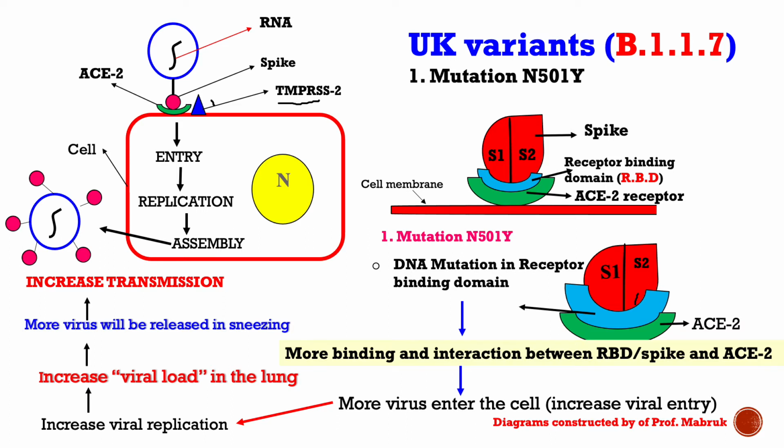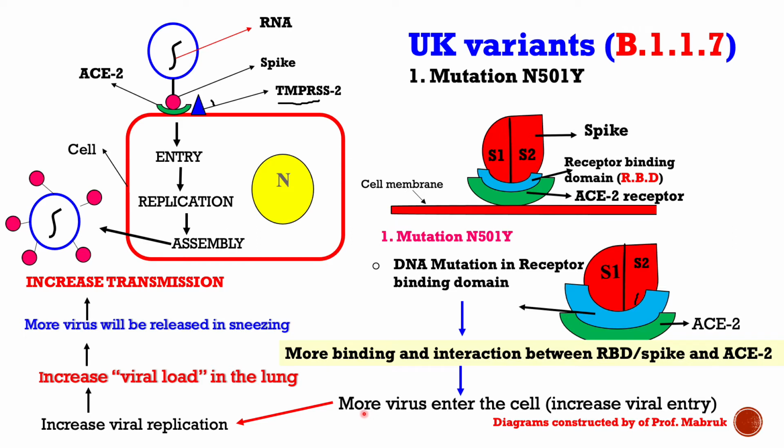Now, because there is more binding and interaction between the RBD of the spike protein and the ACE2 receptor, more coronavirus COVID-19 will enter into the human cell. So we have an increase of the virus entry.